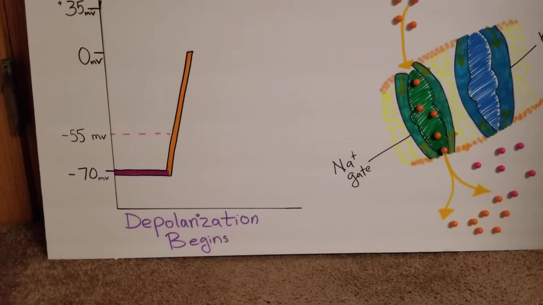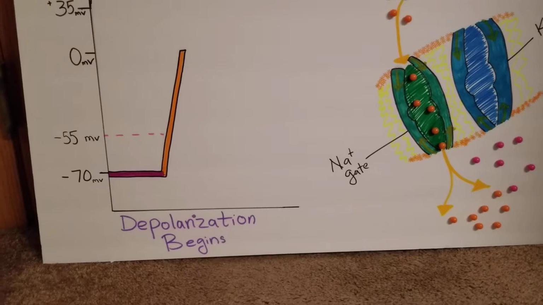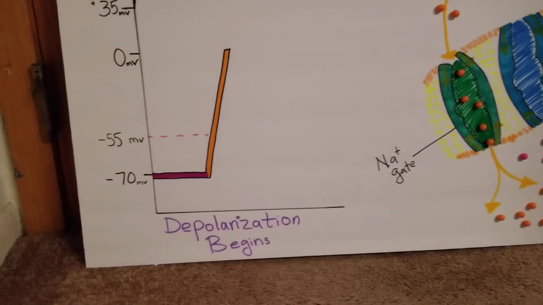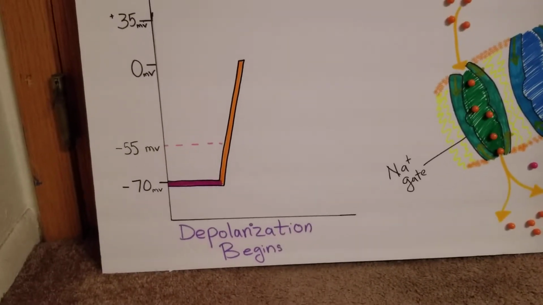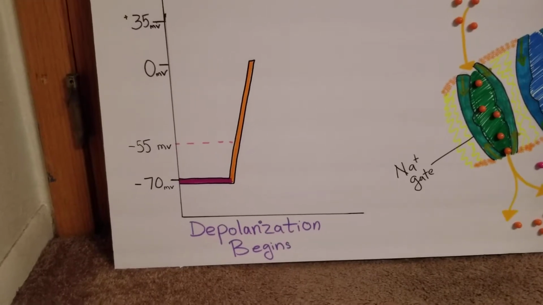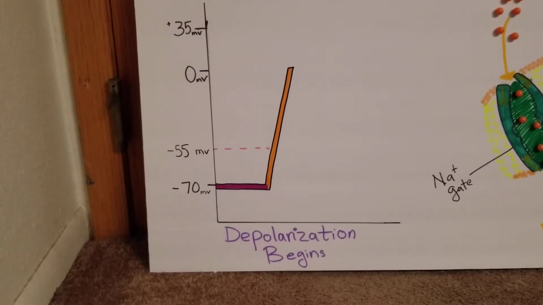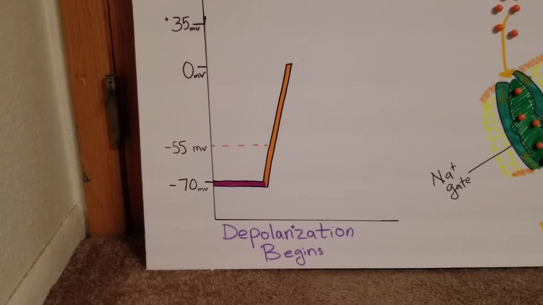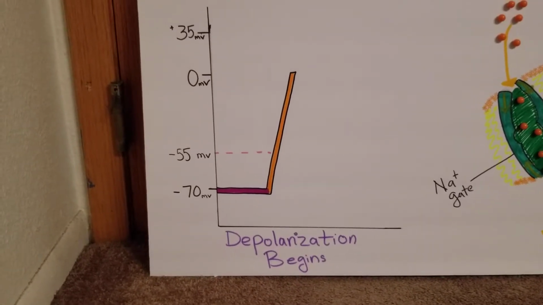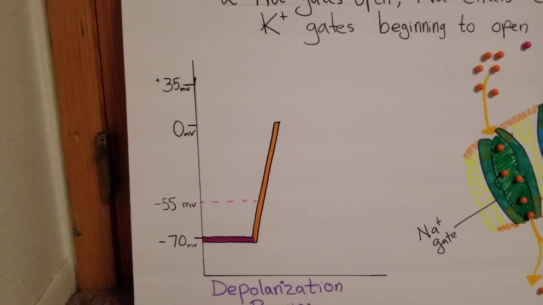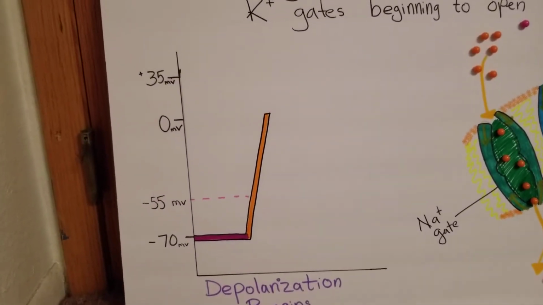And this is how we know that depolarization has begun. The graph shows the value of the current in the ICF begins to ascend from negative 70 mV towards positive 35 mV as the membrane depolarizes.